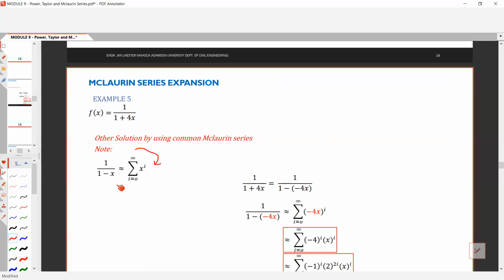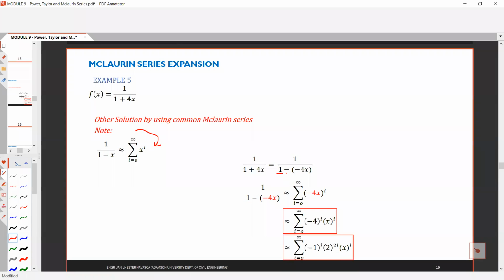So if you write 1 over 1 plus 4x into something similar to 1 over 1 minus x, that is simply 1 minus negative 4x. Kinulayan ko lang siya ng red. Ito yung dating x mo, so ipasok mo lang siya dito. So that is simply negative 4x raised to i.